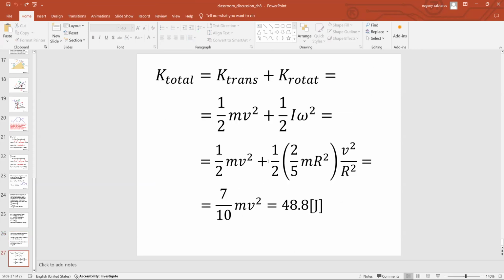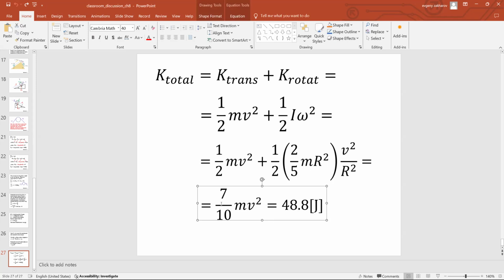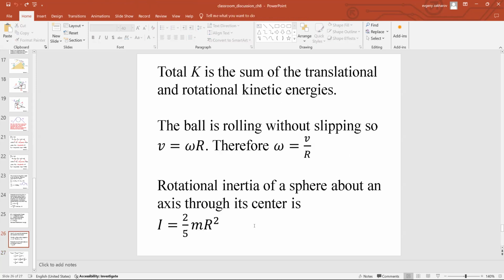So 1/2 mv squared plus 1/2 times 2/5 mr squared, that's 2/10. And r squared cancels out. That's very convenient. So you have 1/2 plus 2/10 of the same thing, of the mv squared. That gives you 7/10 mv squared, which you can just leave as the final answer, but mass is given.